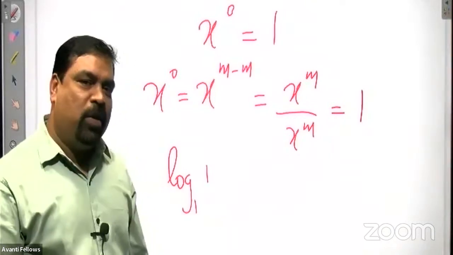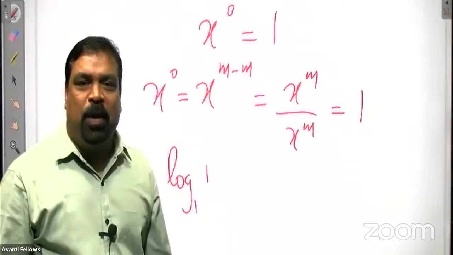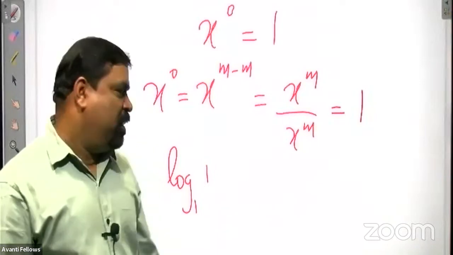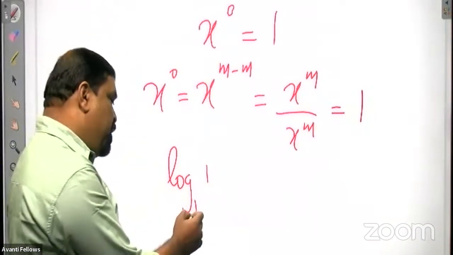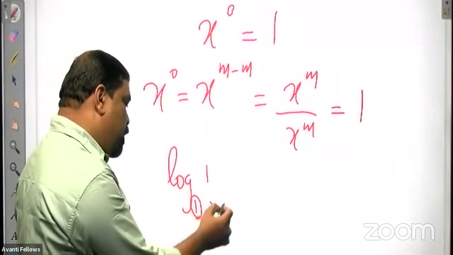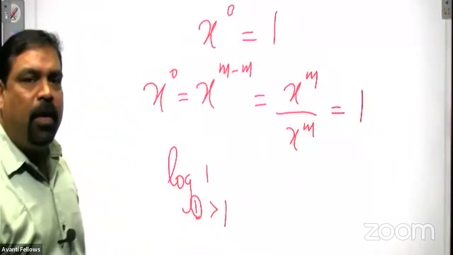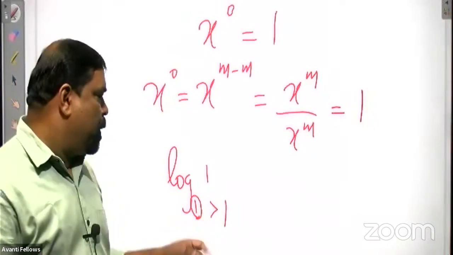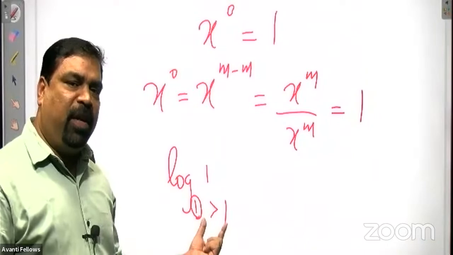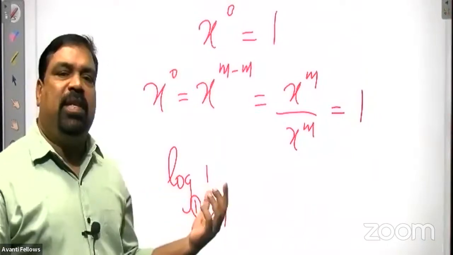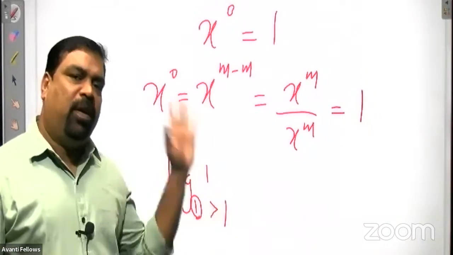So 1 square is 1, 1 cube is 1, 1 power 10 is 1. That's why this question has come, I think. But remember, in logarithm, the base is always greater than 1. Whenever we define logarithm, the base value is always a real number greater than 1 only. We will never take the base which is less than or equal to 1.